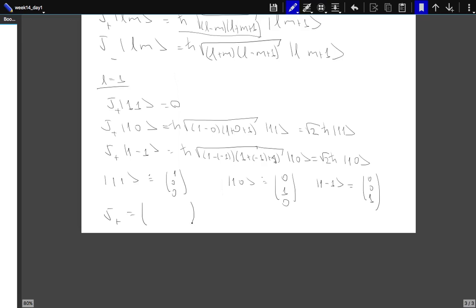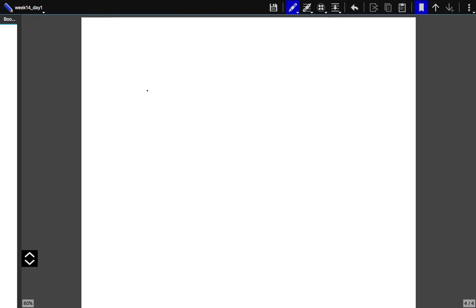Then the J plus matrix becomes 0, square root of 2 h bar, 0, 0, 0, square root of 2 h bar, 0, 0, 0. This is our J plus. We can look for J minus.